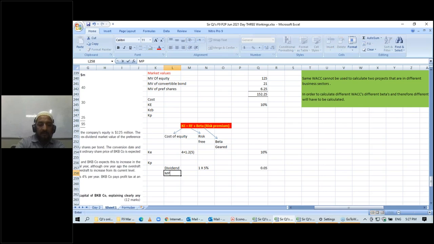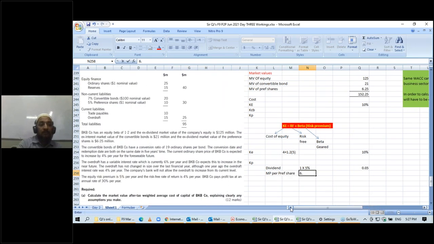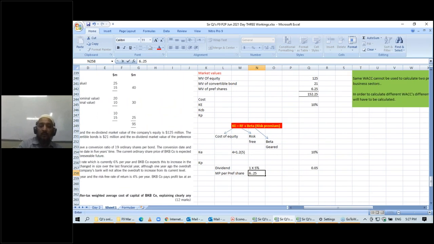And the market price per preference share will be, there are 10 million preference shares. As per the question, preference shares are worth 10 million at face value in the balance sheet. So the total market value was 6.25 million divided by 10 million shares. So 6.25 divided by 10 million gives you the market price.